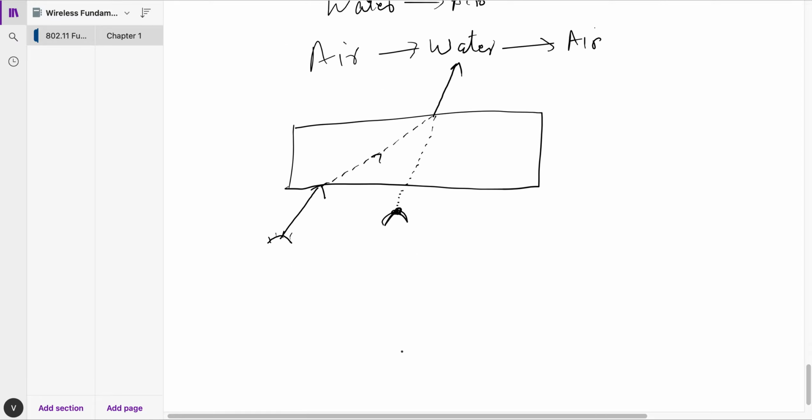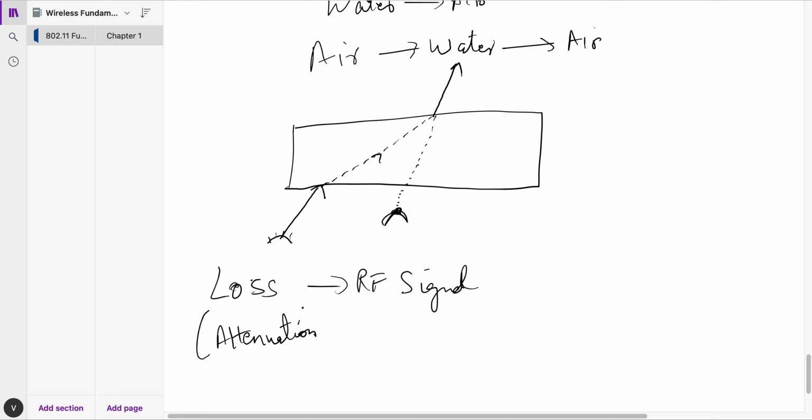There are other behaviors as well, like scattering, like diffraction. We're anyway not going to go into the details of that. But the common thing about all these behaviors is that they're going to cause a lot of loss to the RF signal. Loss is also known as attenuation.